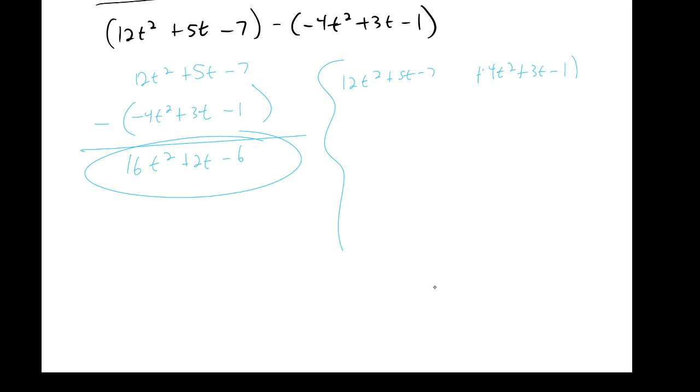He's going to be a positive. He becomes a negative, and he becomes a positive. So then let's start matching terms. 12t squared, 4t squared, 5t, negative 3t, negative 7, positive 1. 12 and 4, 16, t squared. 5 and negative 3, 2t. Negative 7, positive 1, negative 6, and we're done.